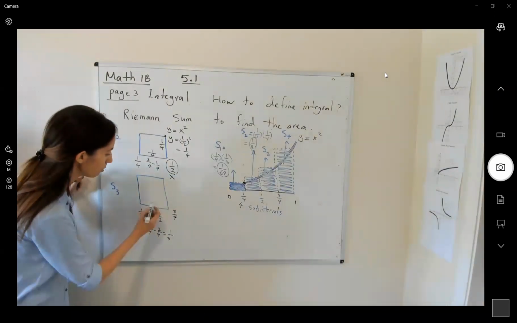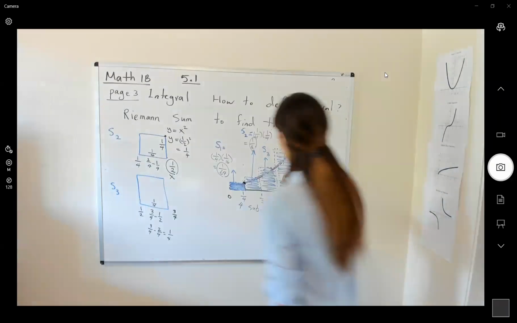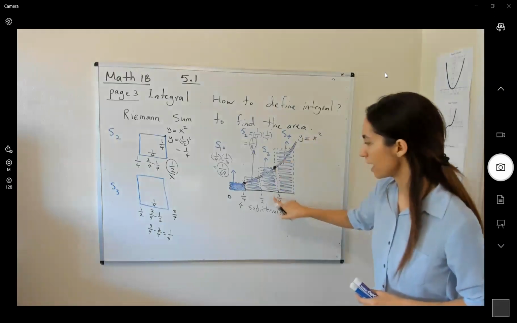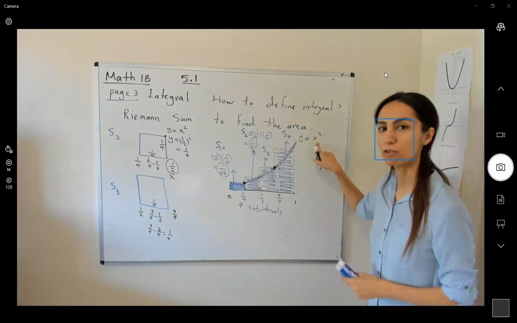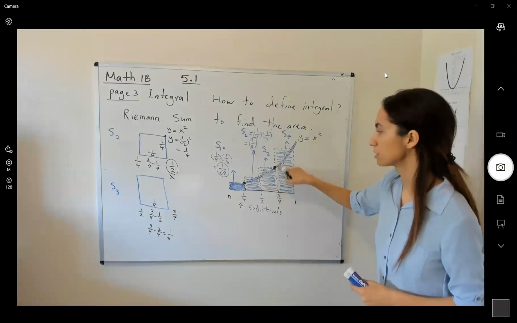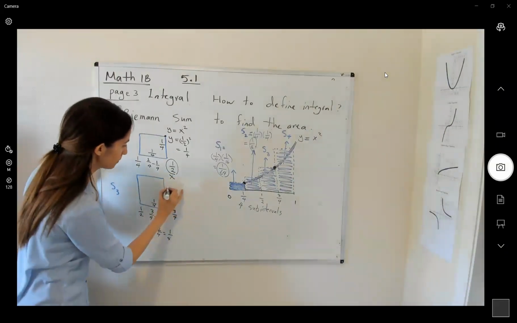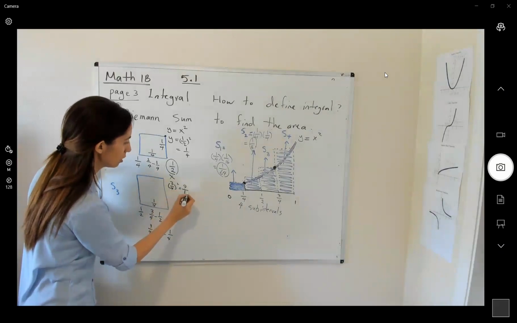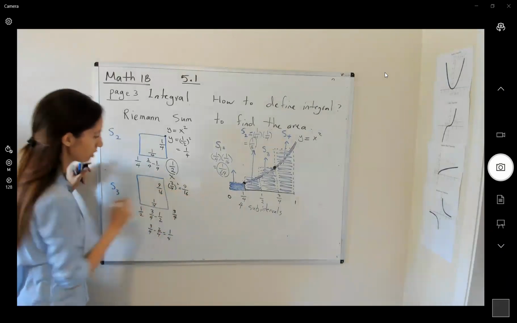So my horizontal measurement is 1/4, but for my vertical measurement, now I'm working with this point here. I take x equals 3 over 4. I'm using my y equals x squared to find this length here. So I have 3/4 raised to 2, 9 over 16. So this guy is 9 over 16.